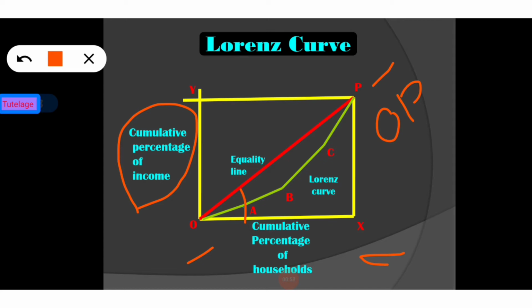That is the x-axis. The OP line making an angle of 45 degrees with the x-axis is called the line of equal distribution or equality line. So the diagonal line OP is the equality line. I think this is clear. Now move on to the next slide.